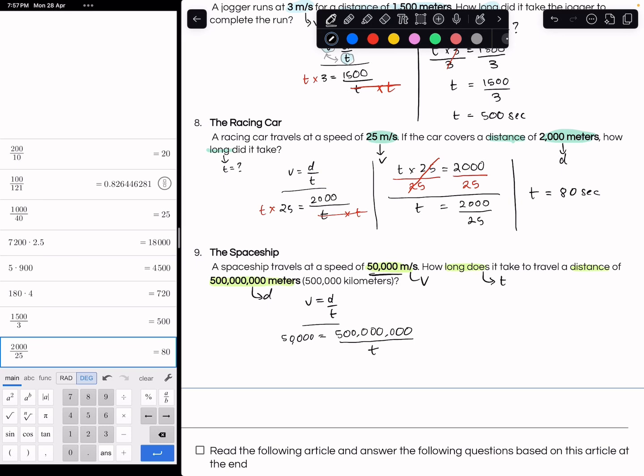Okay, so we want time all by itself, so we're going to move it. To get rid of divide by time, we need to times by time, and that cancels it out on this side. That means we have to do the same on the other side. So what we have now is T times 50,000 equals 500 million.